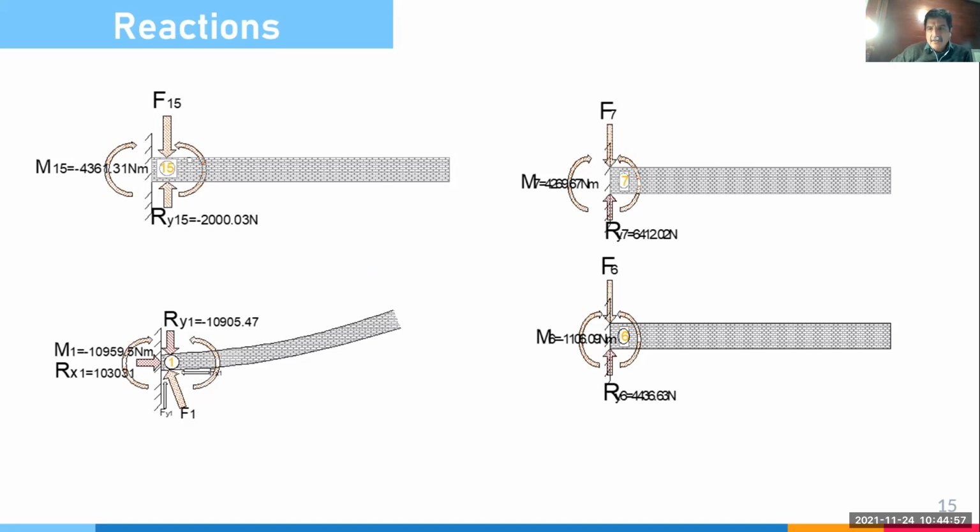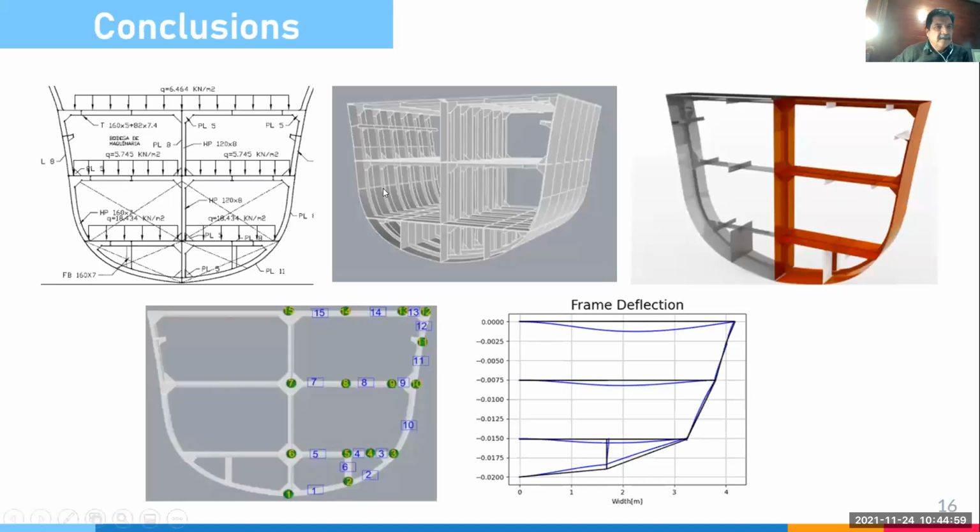Try to complete the conclusions. Okay, go on. In conclusion, the program estimates a stress distribution, displacement, and the graphic displacement over a complex geometric system using the finite element method in the plane.